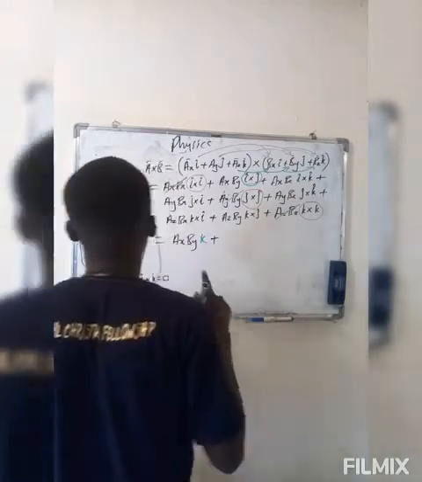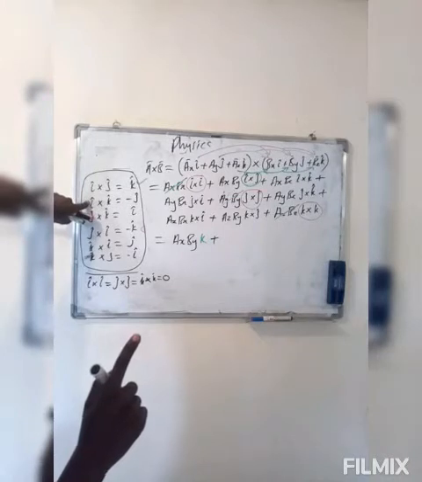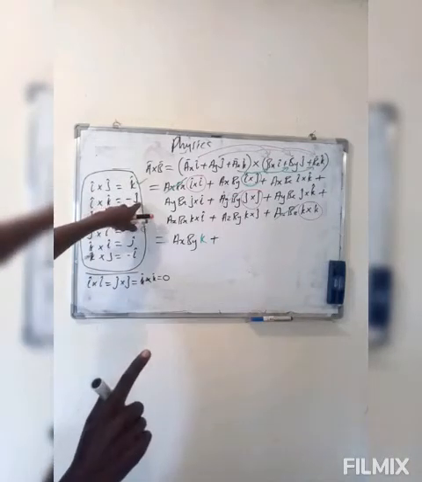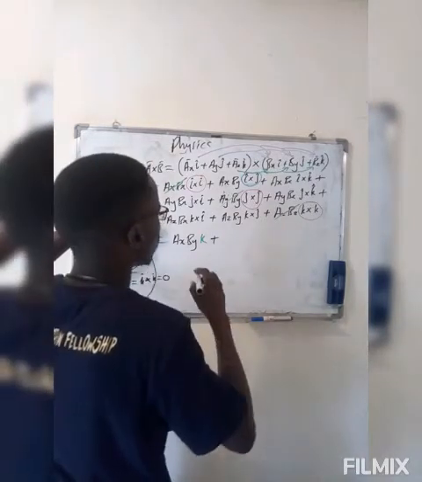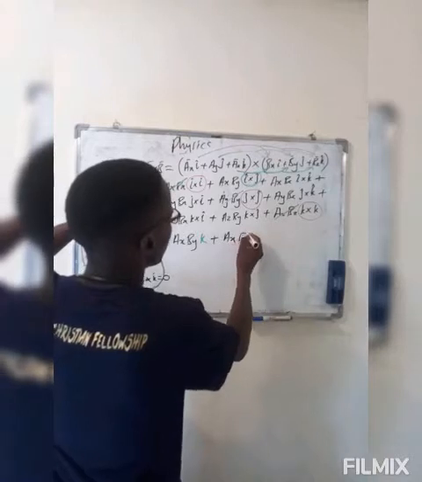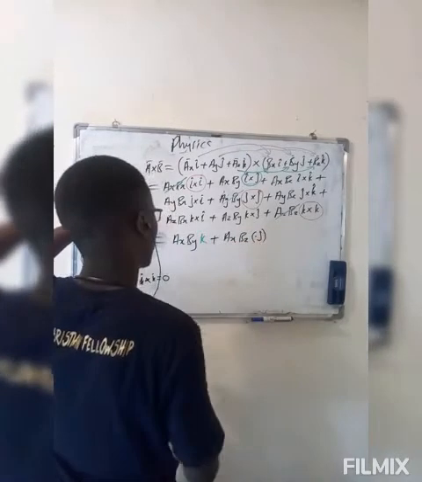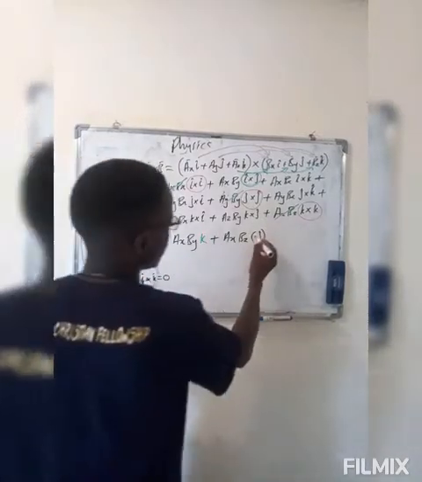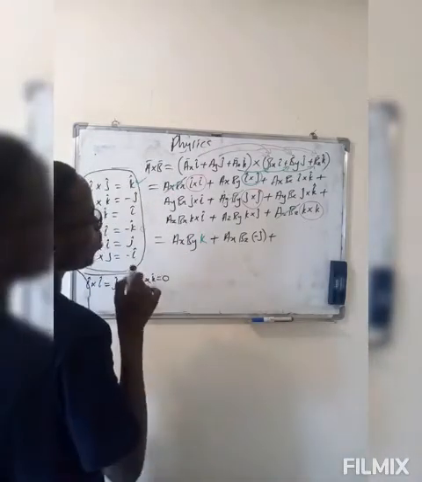So we have i by k here, which is giving us negative j. So this is now going to be AX BZ, then negative j. Okay, negative j. Then plus. So we are done in the first line.